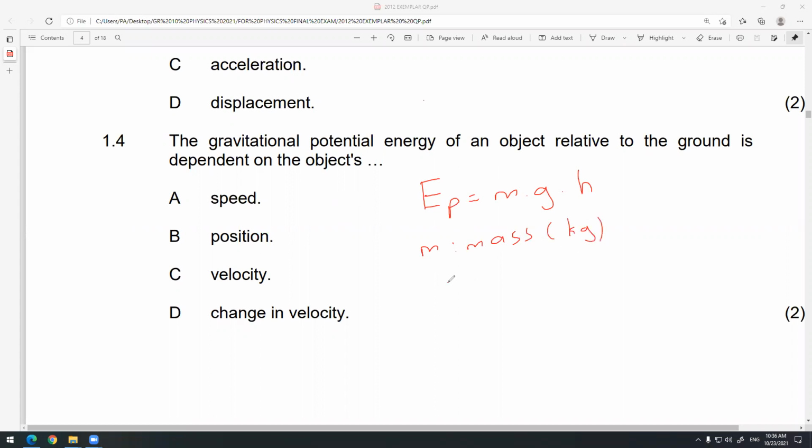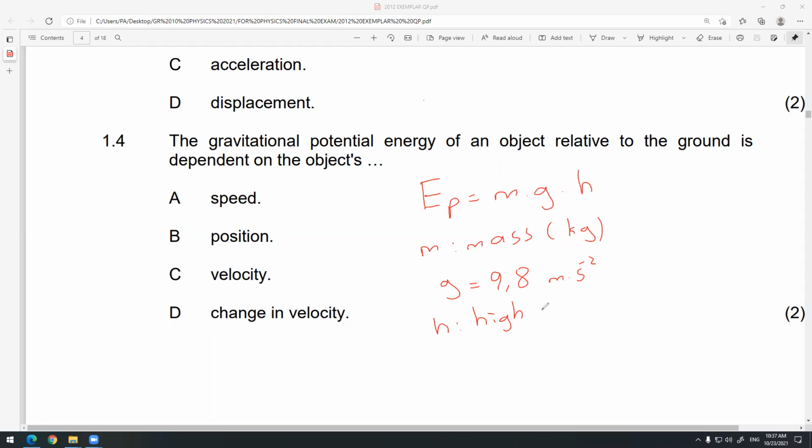And then, people, G is a constant number. It is 9.8 meters per second square. It is gravitational acceleration. Gravitational acceleration 9.8 meters per second square, people. Just remember that. It is a constant number. It is given in the formula box. And then H is height.